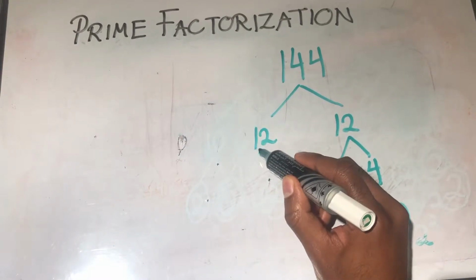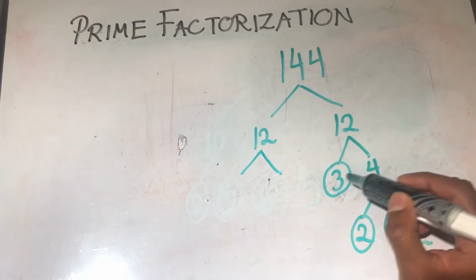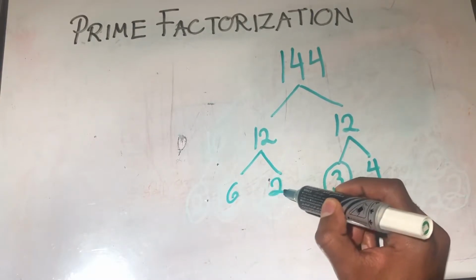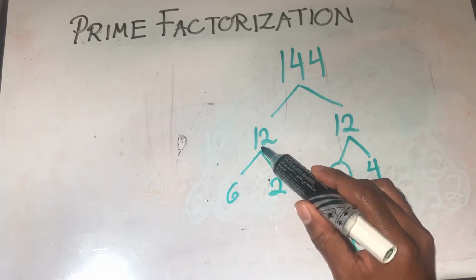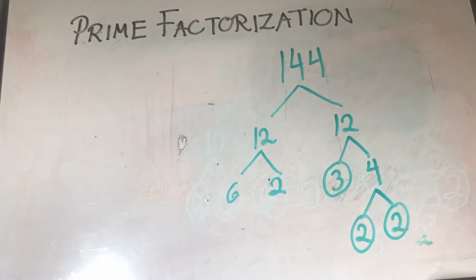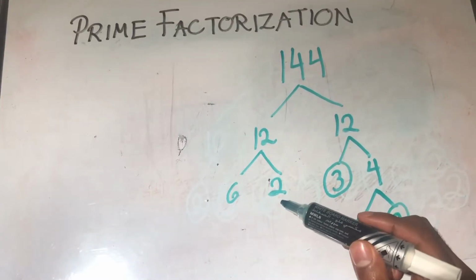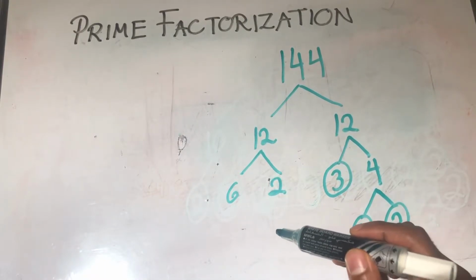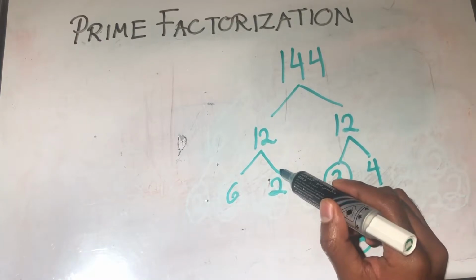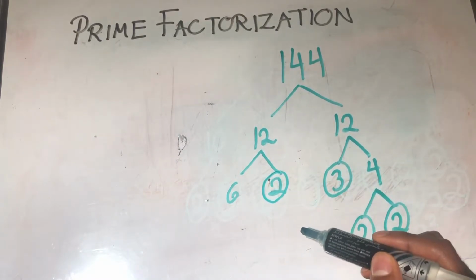Now over here, you can do the same exact thing, but let's say you do 6 and 2, since 6 times 2 will give you 12, and similarly, 3 times 4 will also give you 12. You're going to end up with the same prime numbers that you ended up with here. So since 2 is a prime number, we can go ahead and circle that.